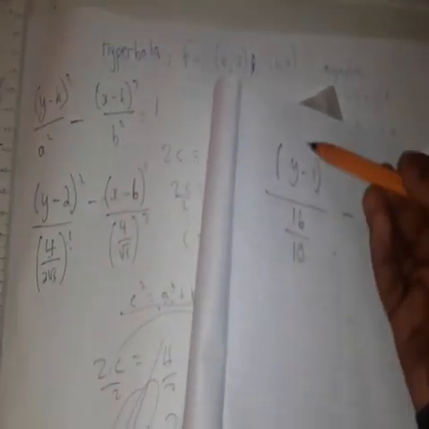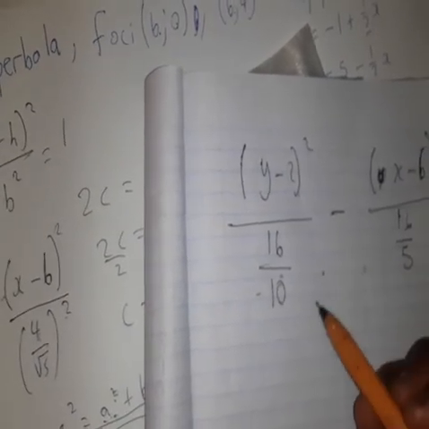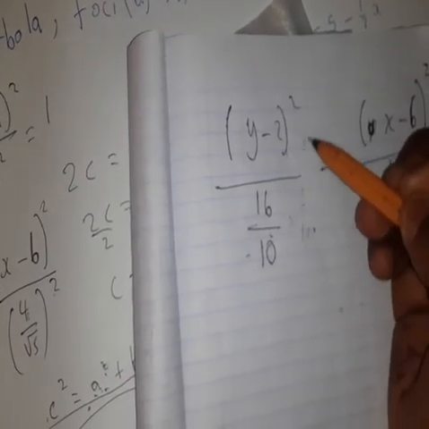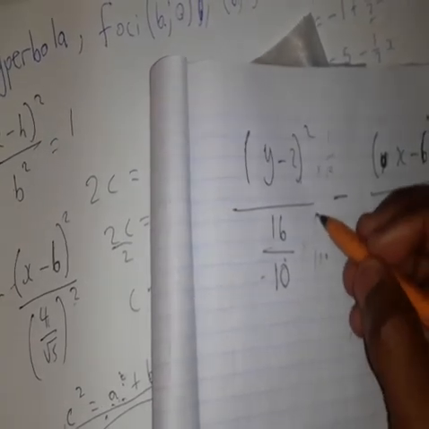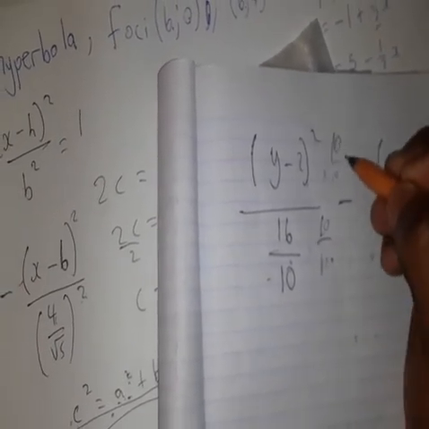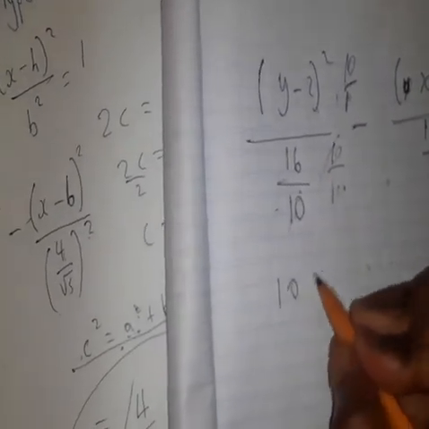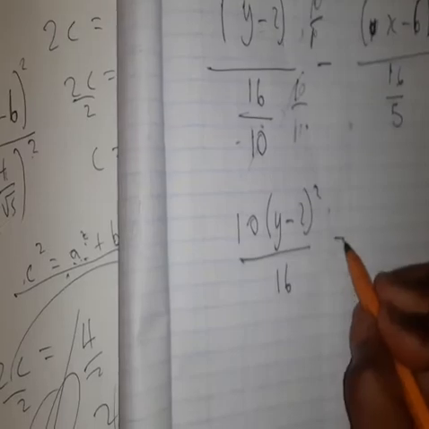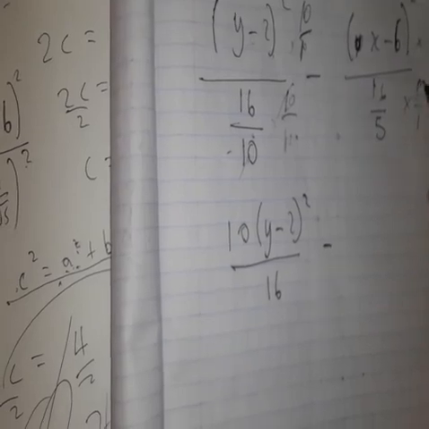So you can try and write this on the other side. The denominator will go upward. What I mean is multiply by the reciprocal, then multiply by 5 over 1 on both sides. The 5 cancels this, so it's 5 times y minus 2 squared divided by 4, and here it's going to be multiplied by 5 over 1 to get rid of this.